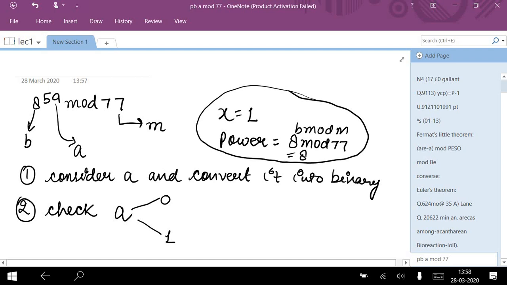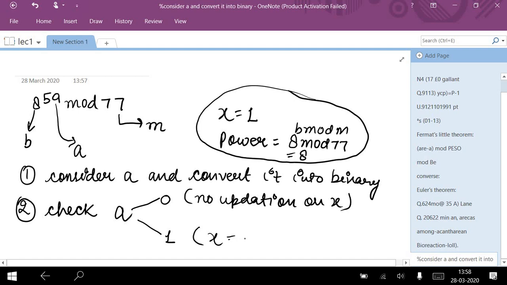Now come to the second point. Check whether the bit of a equals 0 or 1. If it is 0, then there is no update on x; else x is updated as x equals x into power mod m.